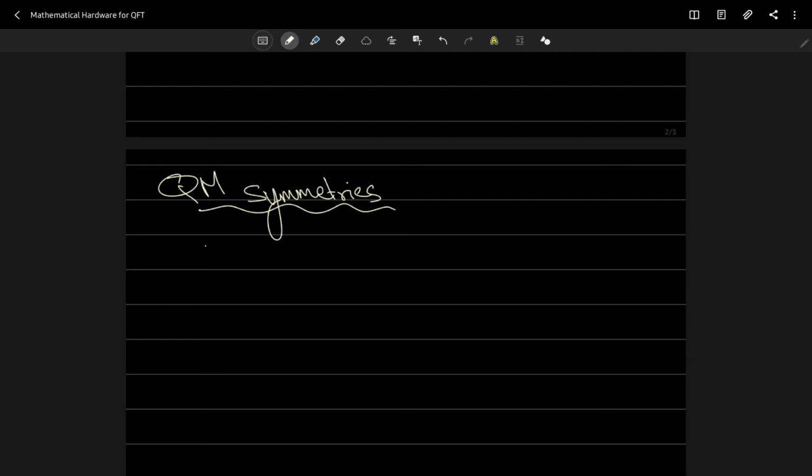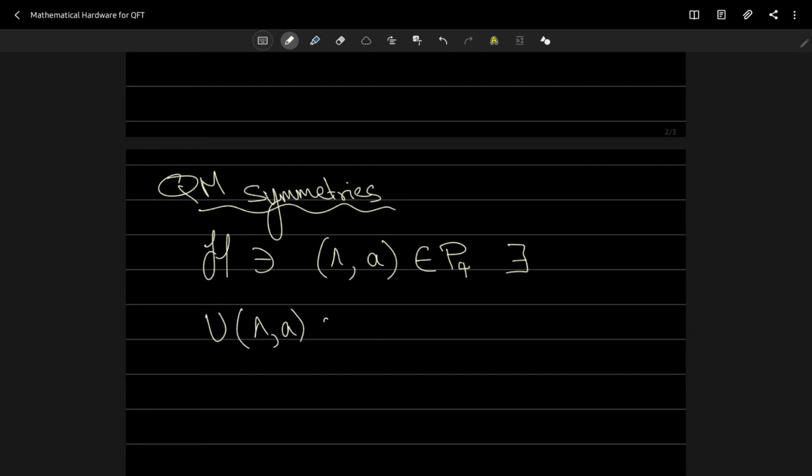So separable Hilbert space that is represented with H, and such that for each Poincare transformation that is lambda A, right, that belongs to the group P4, there exists a unitary transformation that is U lambda A on H gives you the Hilbert space H, right?